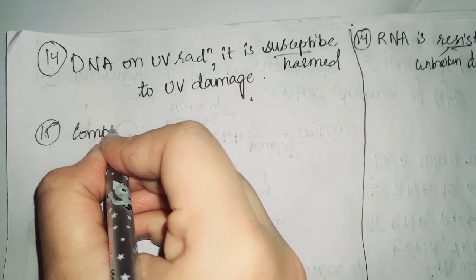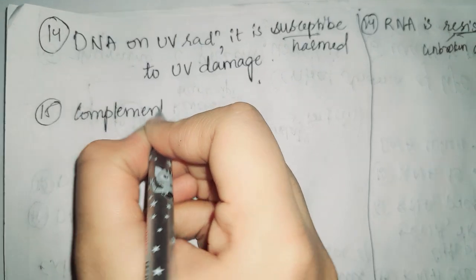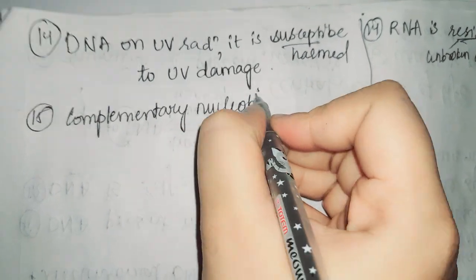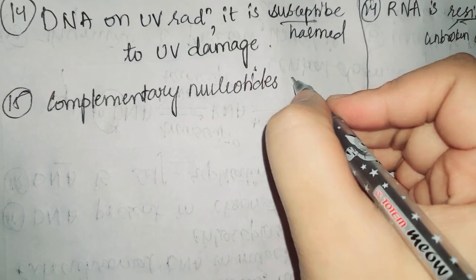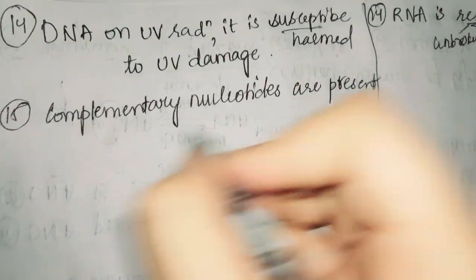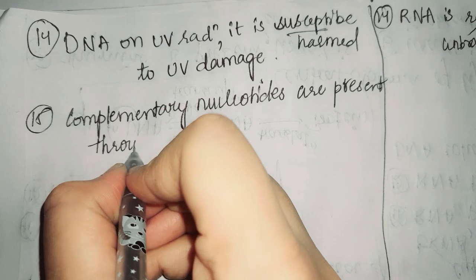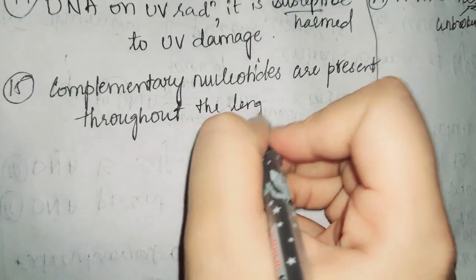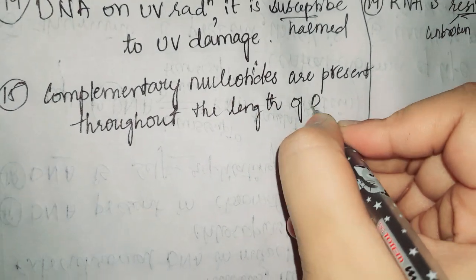If we talk about the complementary nucleotides, that is purines and pyrimidines, in DNA they are present throughout the length. Am I right?